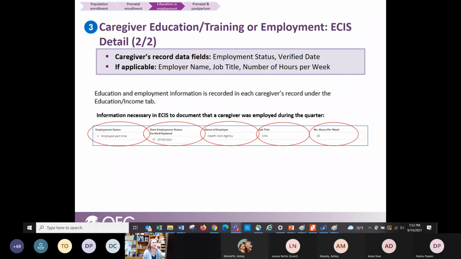You could enter something like "employer" in that field, or a generic industry, like childcare or landscaping. We obviously want the best information we can, so please don't do that for everyone. But absolutely, if you have a caregiver where that's a sensitive issue, you do not have to be specific about the employer or about the job title.